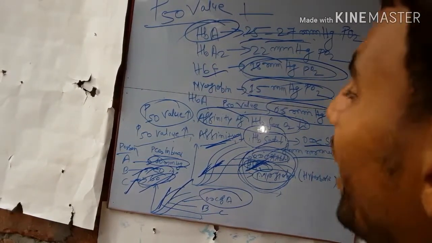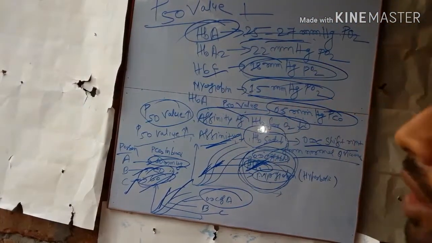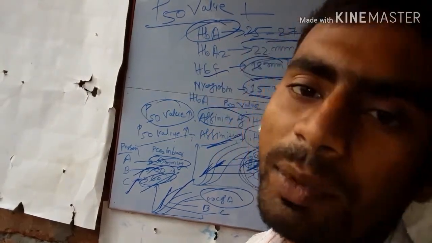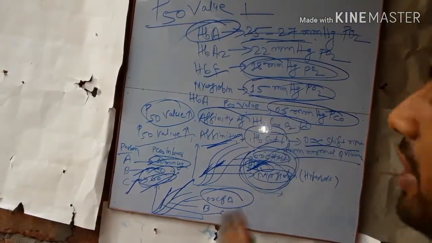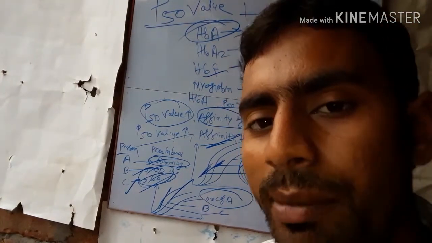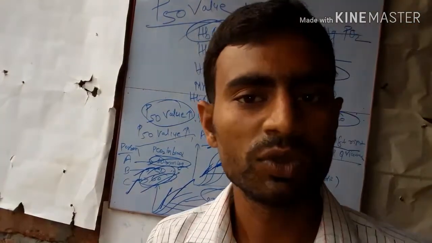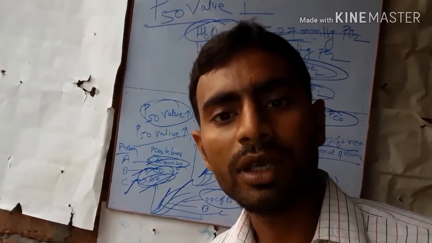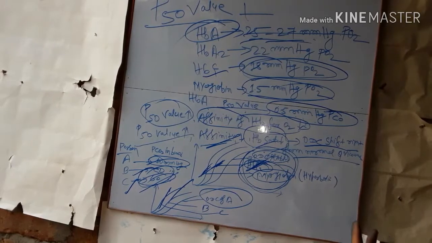In this way you can understand that with P50 value, for oxygen, maximum O2 shifts the curve to the right side, and if we compare the P50 value with CO2, maximum CO2 shifts it to the left side.